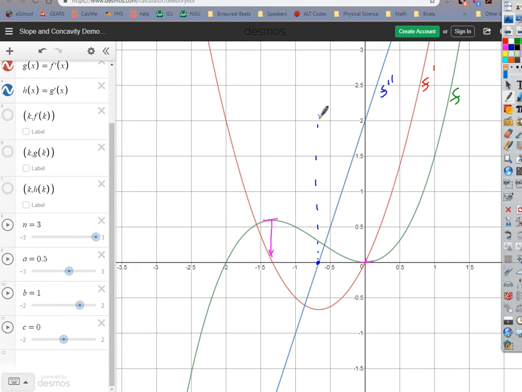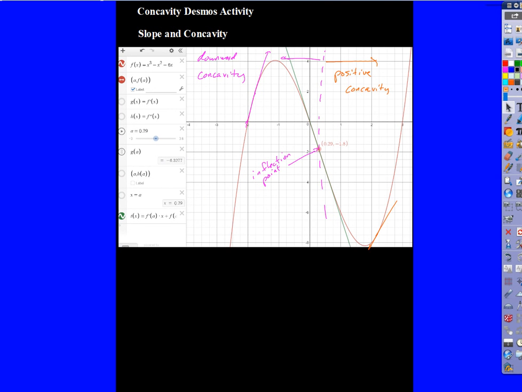This is bowl-shaped down over here. This is bowl-shaped up over here, right? So that tells us that F double prime is less than 0 over here. And then over here, F double prime is greater than 0. So that's our inflection point. Right? Do we see that? Okay? All right, so let's practice this a little bit.